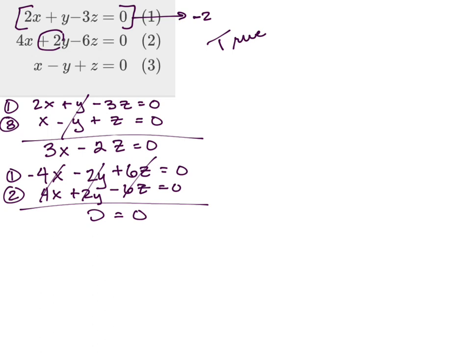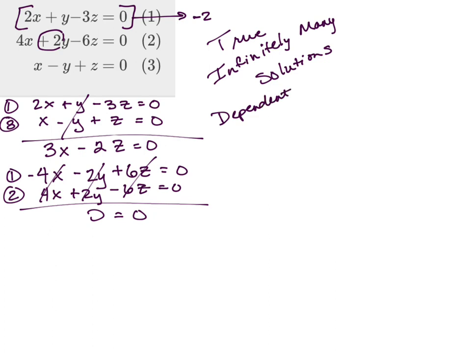So how many solutions? Infinitely many solutions. All real numbers. Yeah. Infinitely many solutions. Anybody remember what kind of system this is called? Starts with a D. Dependent. Yeah. This is a dependent system.